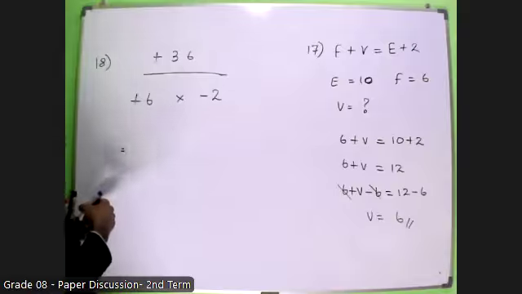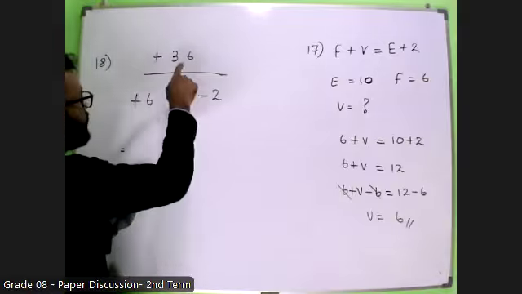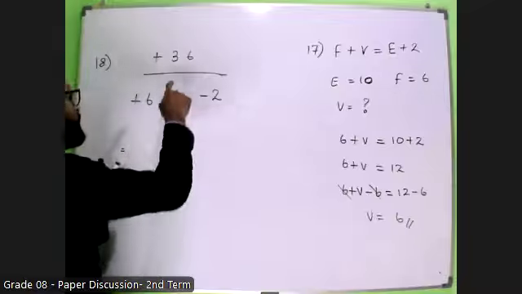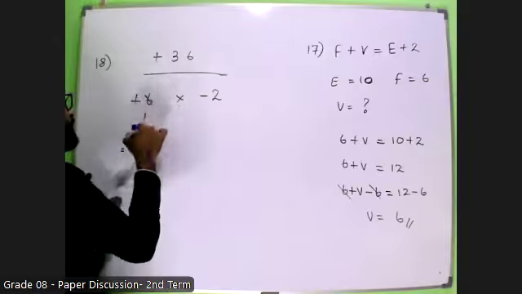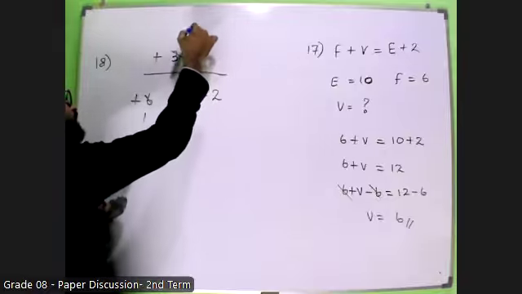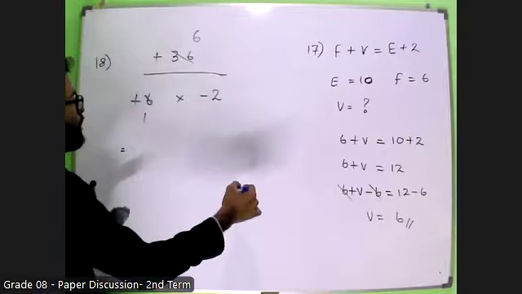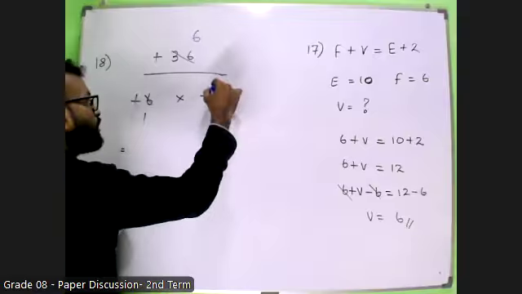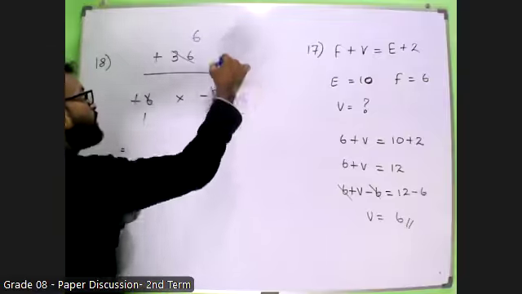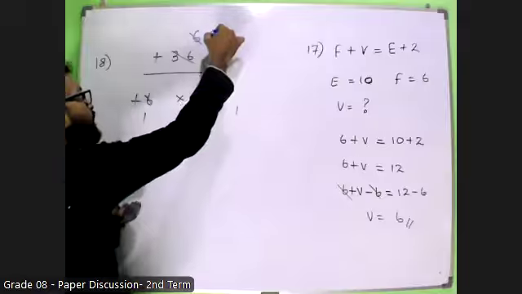And I am going to now simplify numbers 36 and 6. 6 times 1, 6 times 6. Here you have minus 2. Don't forget that. 2 times 1, 2 times 3.